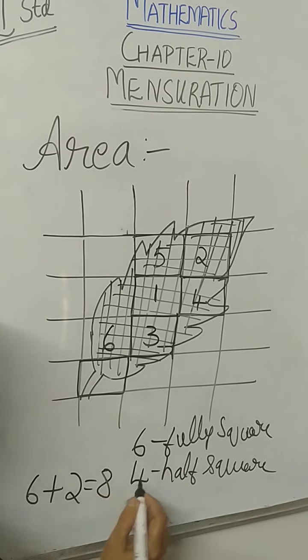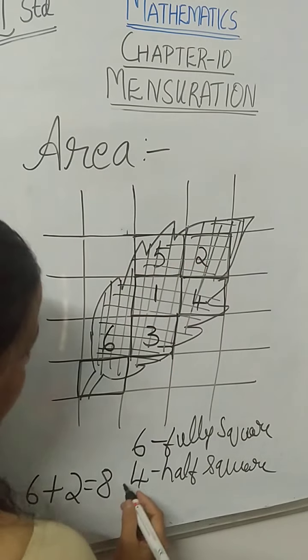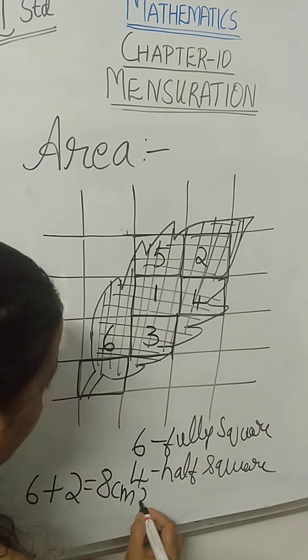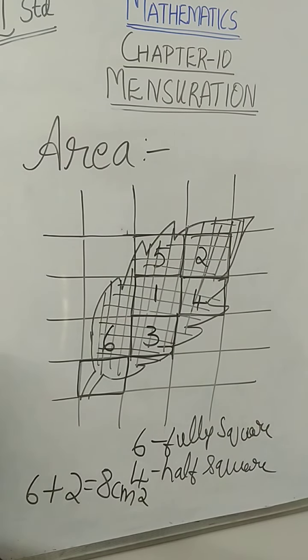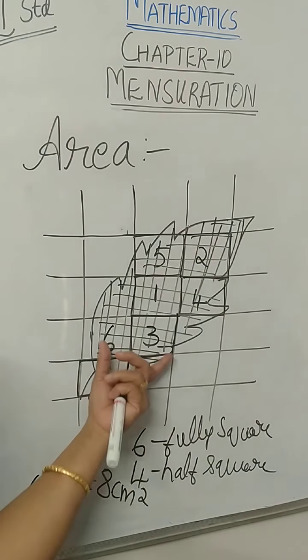So the area of this leaf is 8. This is in centimeters, so 8 centimeter square. Area is always calculated in the unit of centimeter square or meter square. It is calculated in square units. Okay. So this is the area of this leaf.